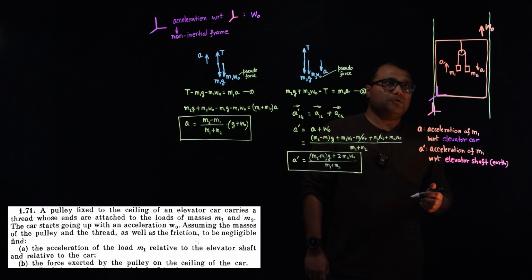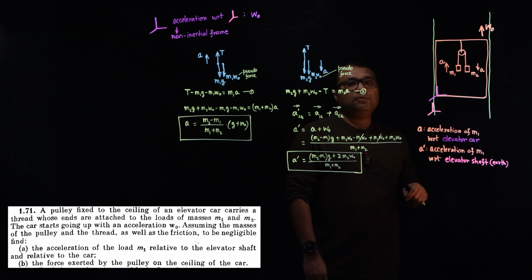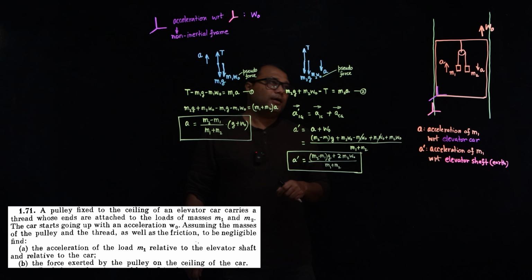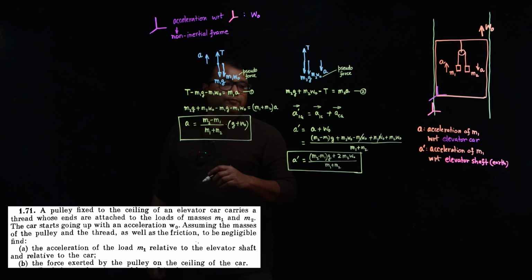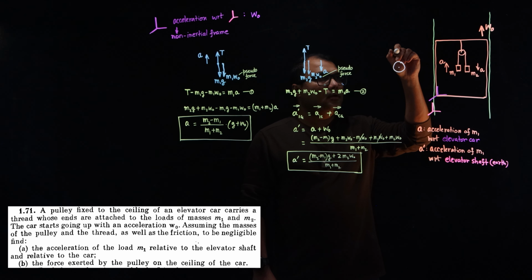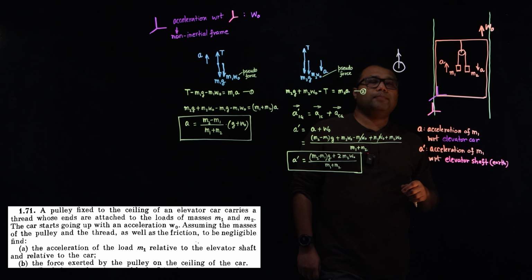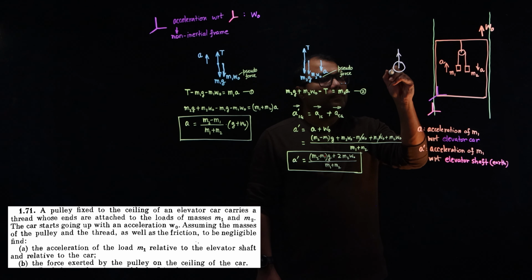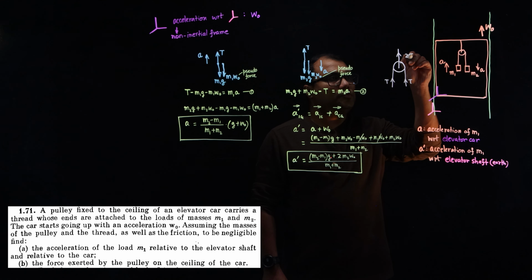Now, so the last part of the question is, with what force the pulley is pulling on the elevator car, the ceiling, right? So if I look at the pulley here, it is pulling on the ceiling, and there are two tensions T, T. So this has to be 2T.